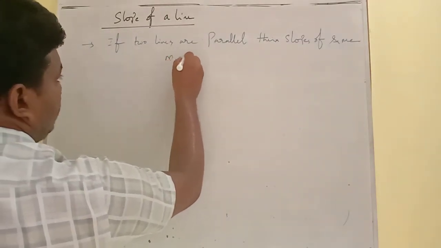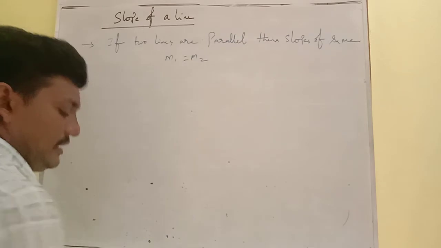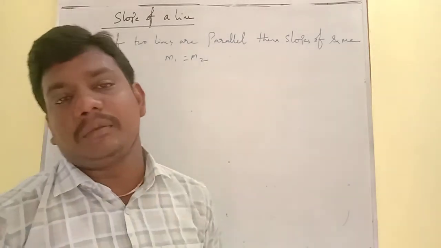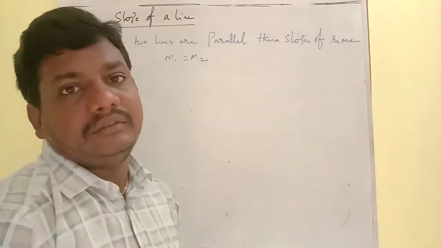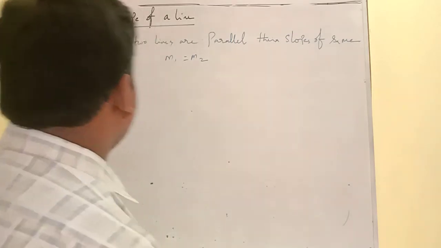Where the slope of the first line is m1 and the slope of the second line is m2, then m1 equals m2 when two lines are parallel.